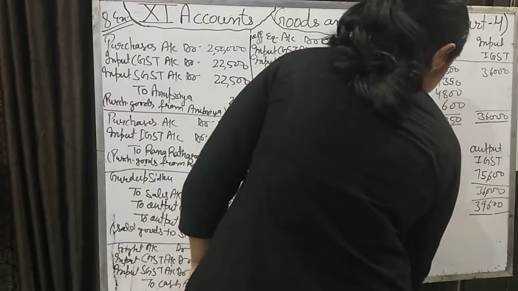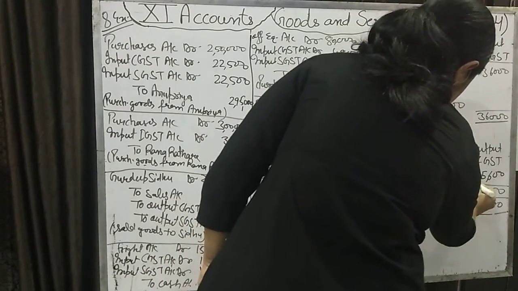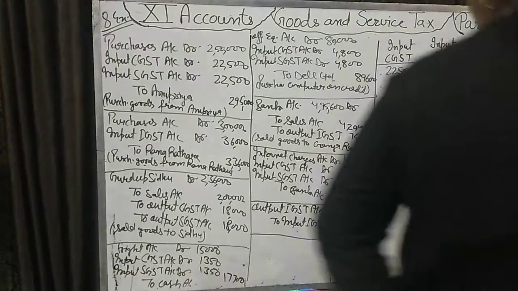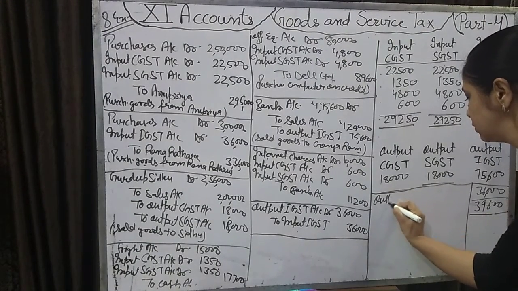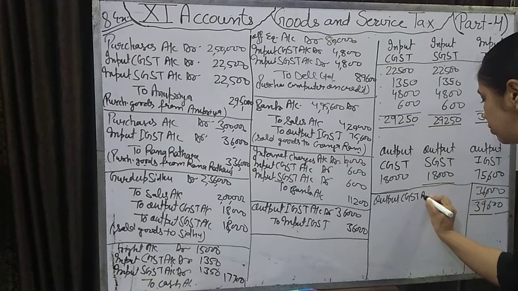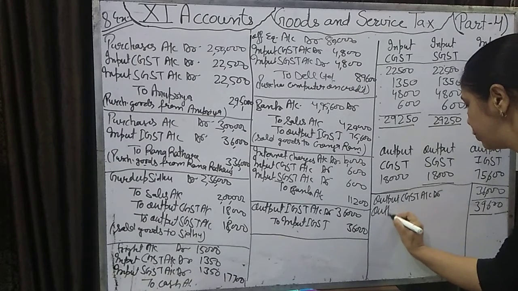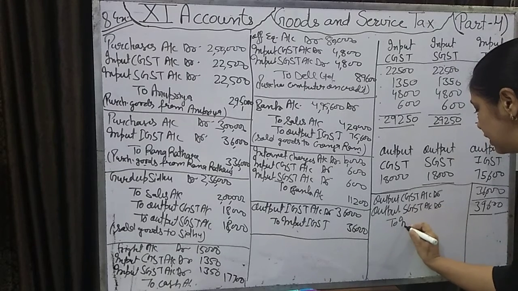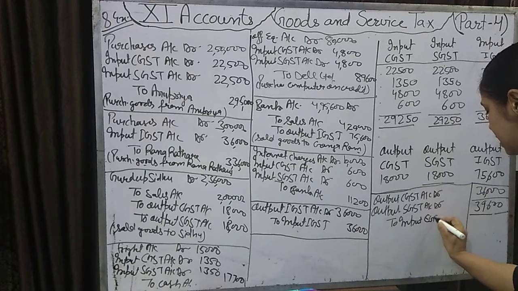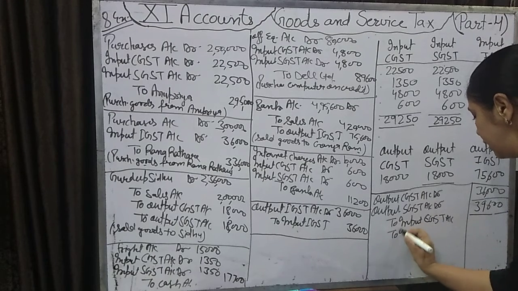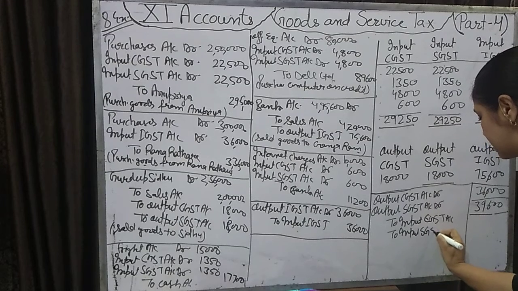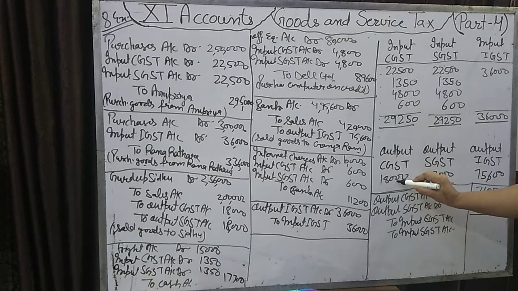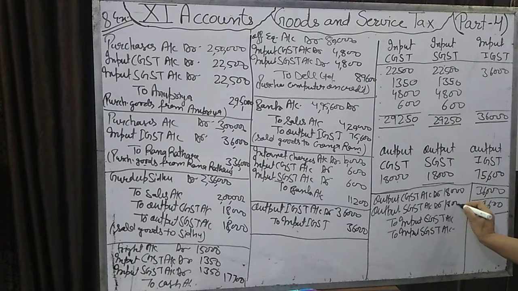Then which entry will be passed for this? Output CGST account debit, output SGST account debit. Where do we have to adjust this from? Input CGST and input SGST. How much is output? 18,000. This is more. Okay, so all of this will be adjusted from input.